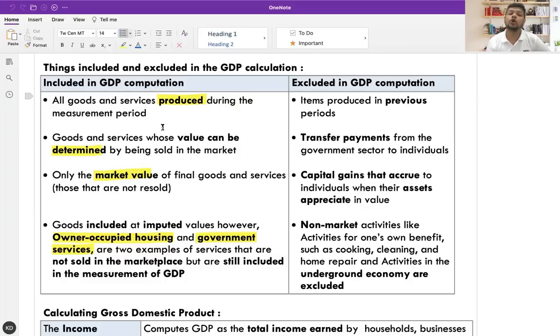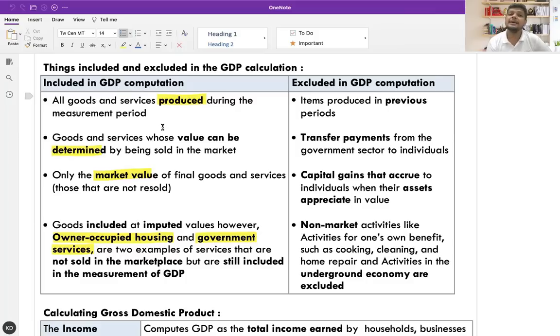First is the owner-occupied houses, which means your and my home is also a part of GDP. And the second is government services. For example, government gives us services in the form of police, defense, healthcare, etc., right? All the services that government gives us are also money spent by the government on a large scale. Correct? If not government, someone else would be providing you security for which you would be paying them, isn't it?